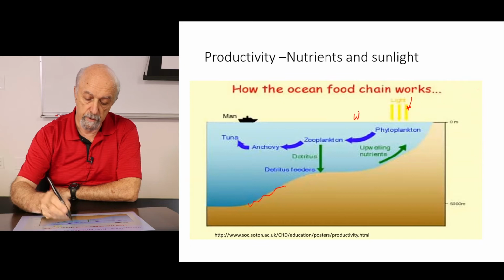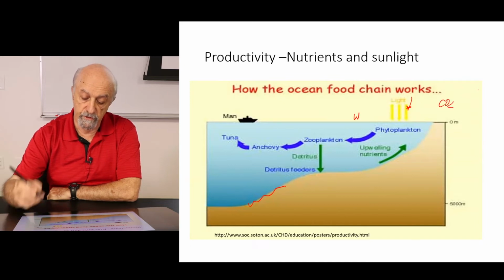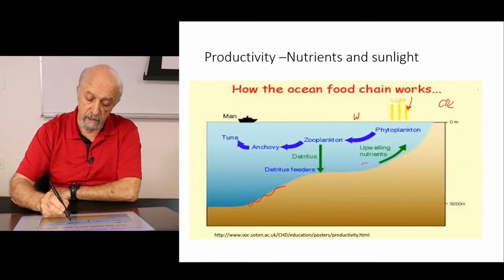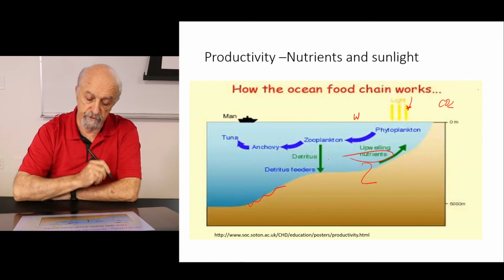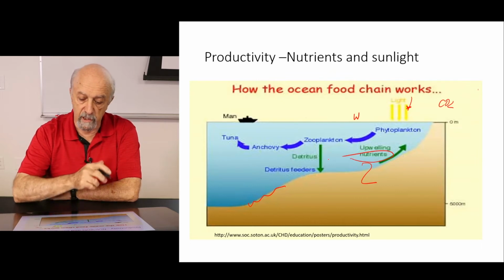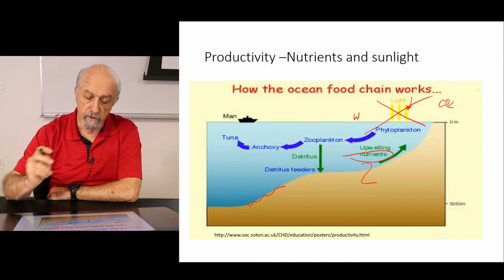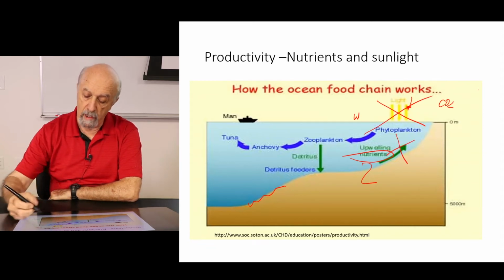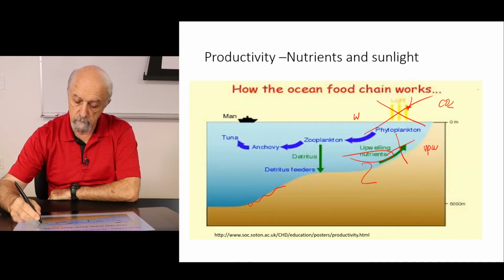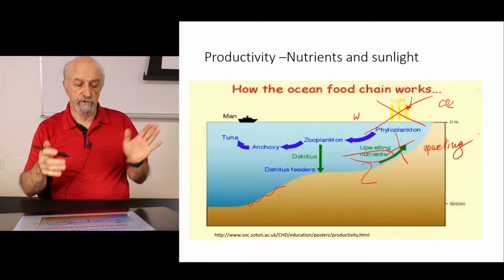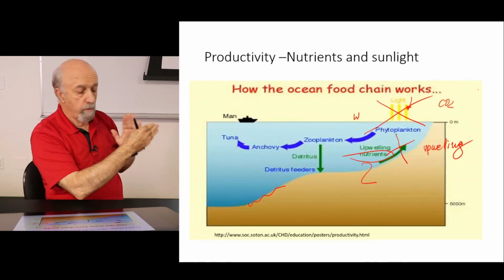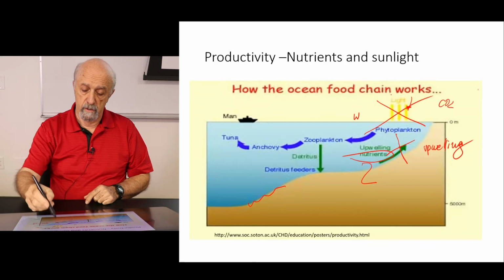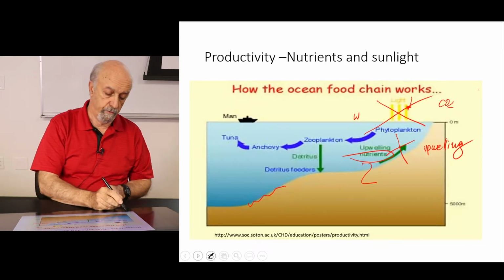We do have water, and we have CO2. All these three things are there, but then we have a limiting thing, which is the nutrients. If nutrients are not available, productivity doesn't happen. So if this upwelling is no longer working because the trade winds are not blowing properly or they are weak, the productivity drops dramatically.